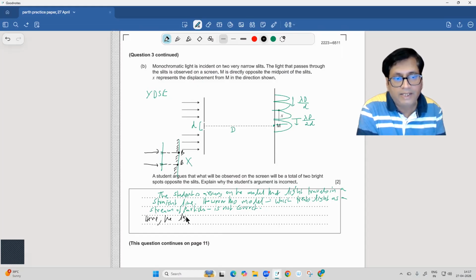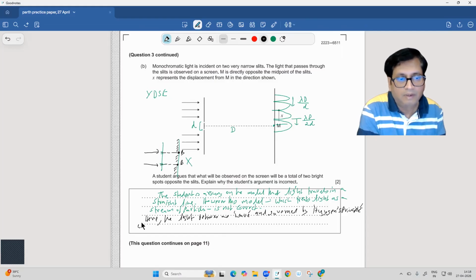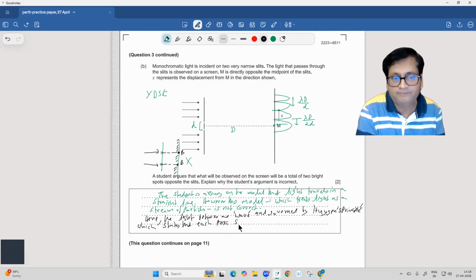Here, the light behaves as a wave and is governed by Huygens principles, which states that each point on the slit will act as a source of secondary wavelets.